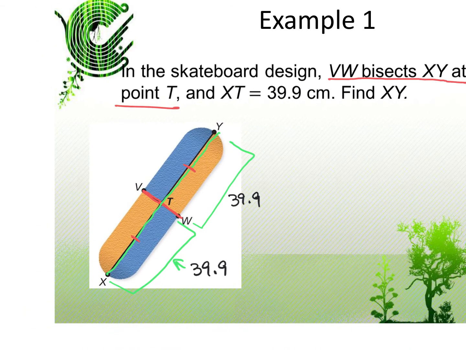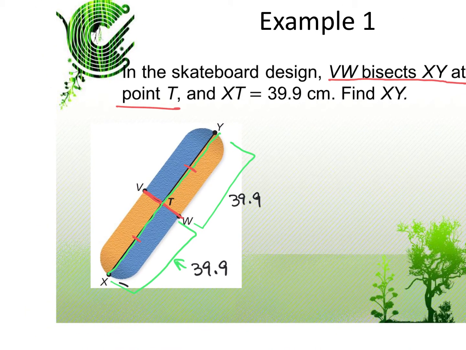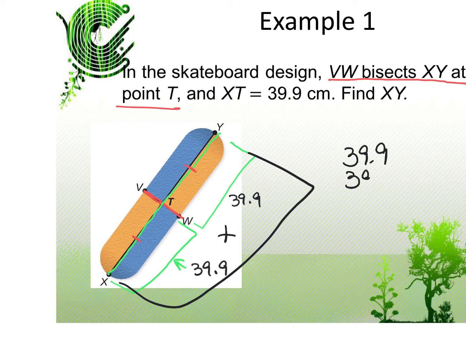Because it wants me to find the length of the whole thing, all I have to do is add 39.9 to 39.9, and that'll give me the length of the entire thing. And this gives me 79.8, and the problem told me these are centimeters, so 79.8 centimeters.